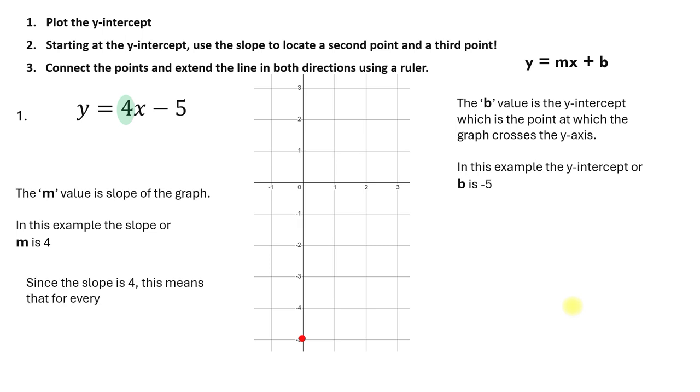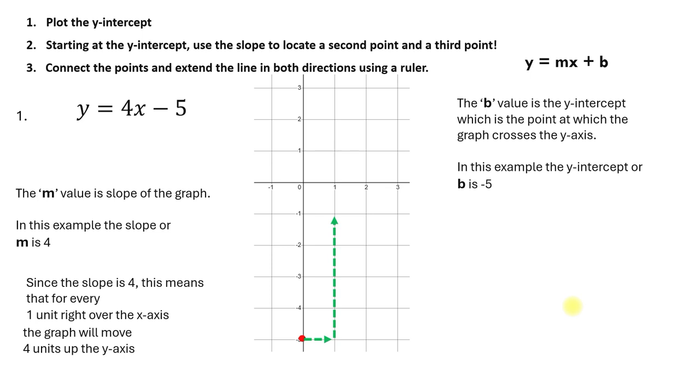Since the slope is 4, it means that for every unit that we travel along the x-axis, following the animation of the green line, we're going to travel up 4 along the y-axis.